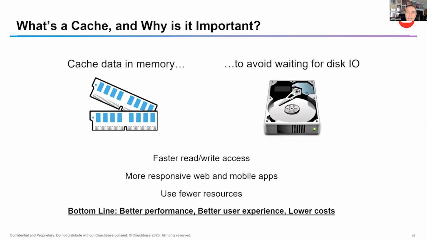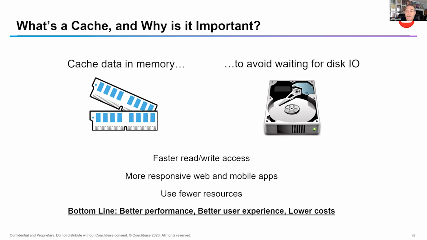So where does this come from? And why is using a cache important, right? You want to cache data in memory, especially data that's frequently accessed, in order to avoid waiting for the hard drive or the disk to return a response, a disk I/O. So if you're able to enjoy faster reads and writes by just looking at the cache and not going to disk, that's better.